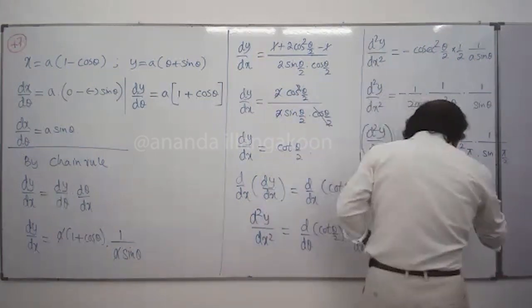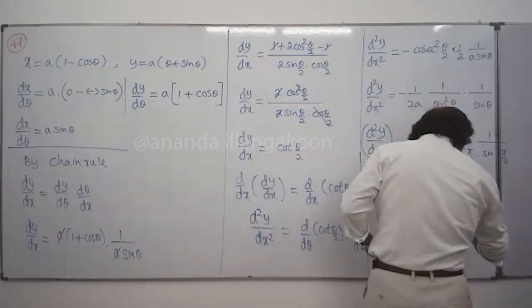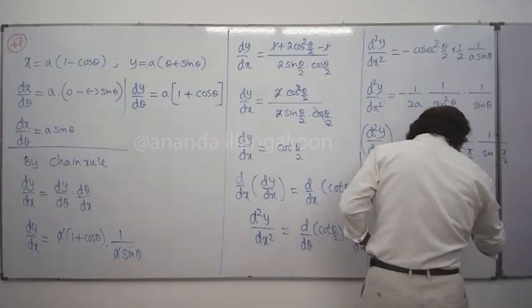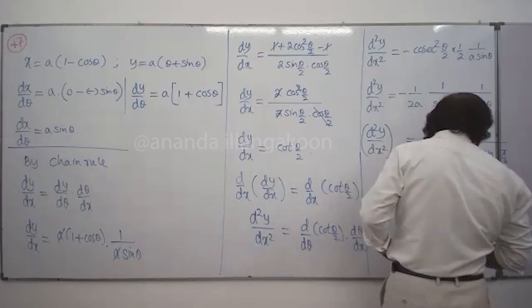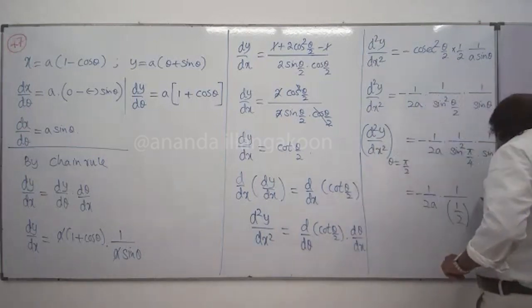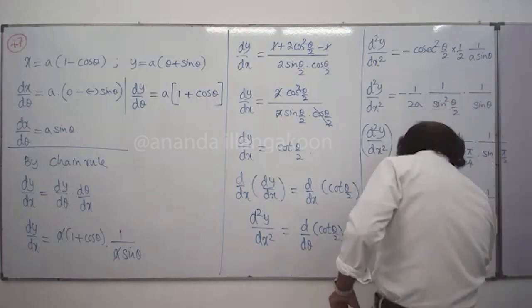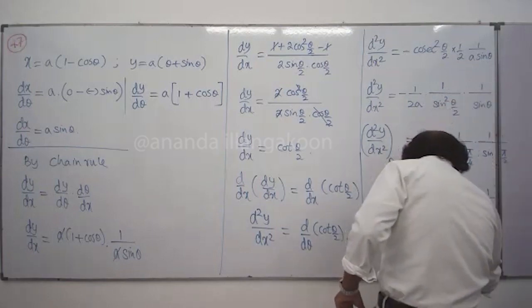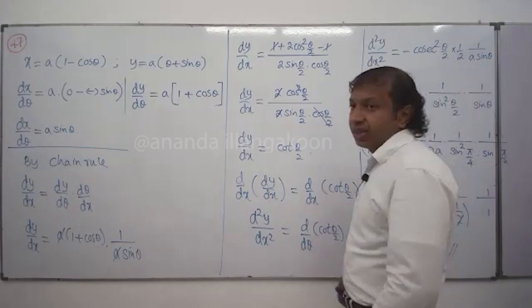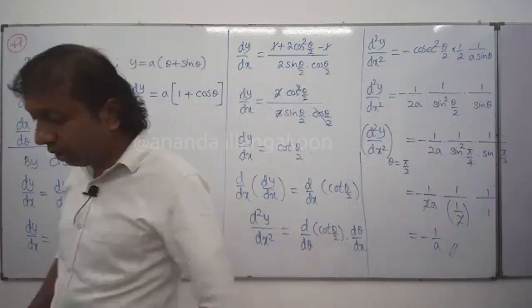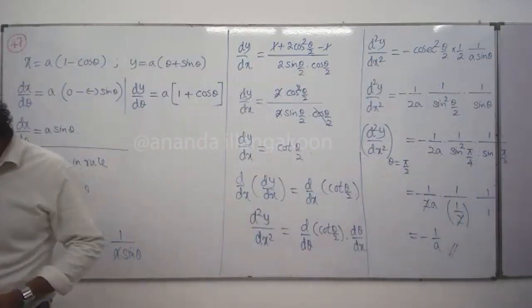So therefore, 1 upon 1/2 here. Sine pi by 2 is 1. This and this you can cancel down. Then we get minus 1 upon a is the second derivative value at theta pi by 2. This is how, people, we take that answer.